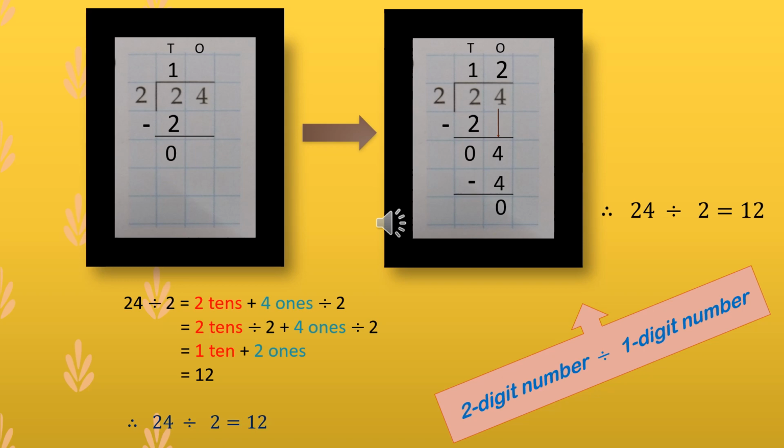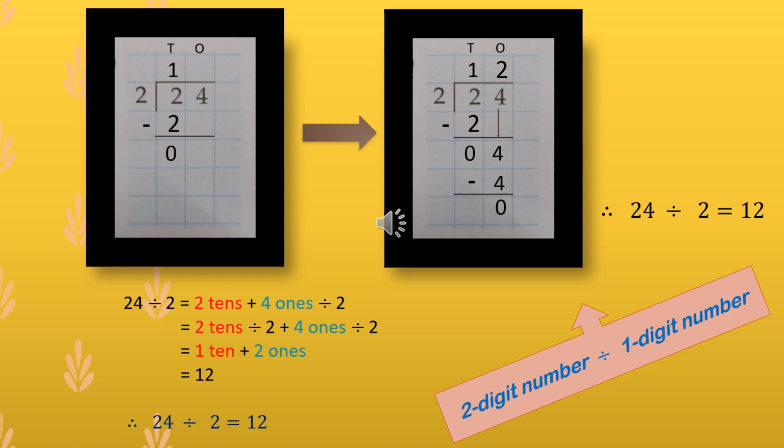Okay, so in the first step, first we will take the number which is at the tens place, that is 2. Here 2 is written at the tens place. So first we will divide this 2 tens by 2. Means 2 divided by 2 will give us 1, because 2 ones are 2, right?